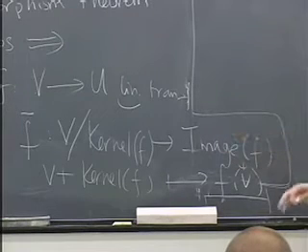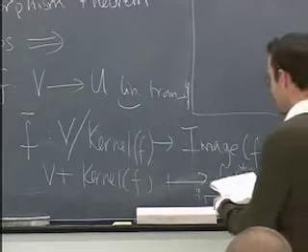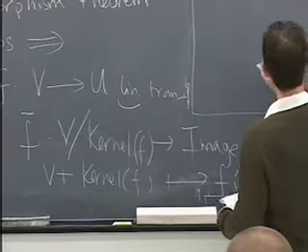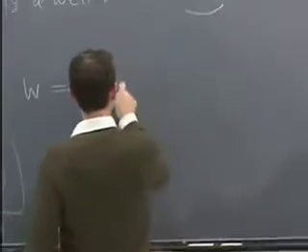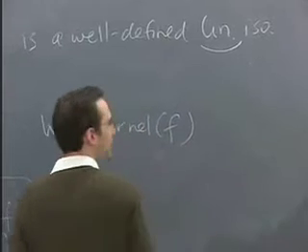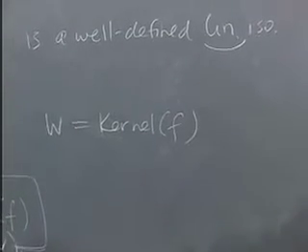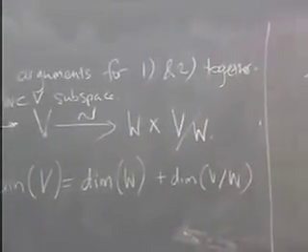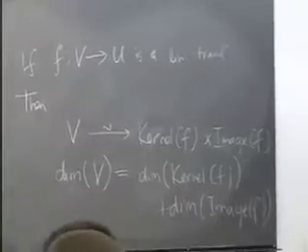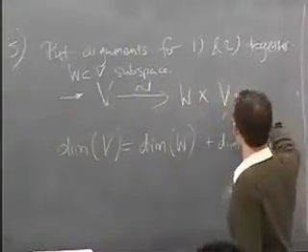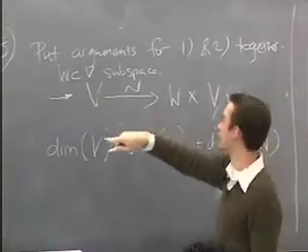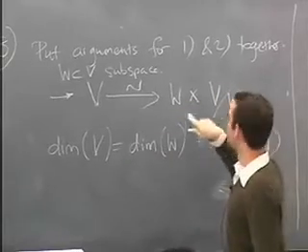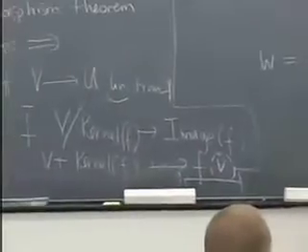So given this result, all we have to do is take W to be the kernel of F, and then just put it in this result, because this is saying that V is isomorphic to W times V mod W, but W is the kernel here. V mod W is V modulo the kernel, but that is, we've just seen, the image.